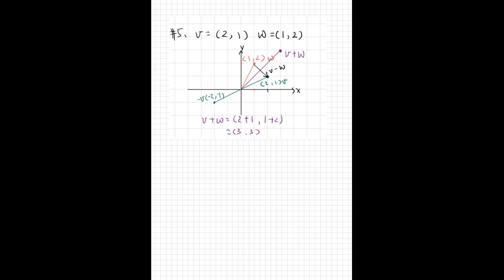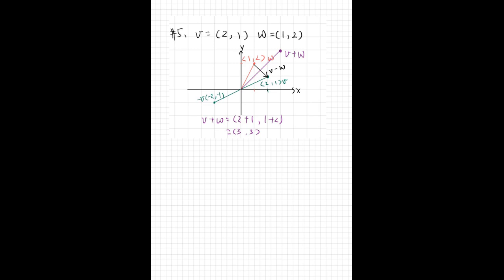It asks to sketch also the addition of the 2 vectors. So the purple one is what I sketched, and I did the addition below it, which is x plus x and y plus y, meaning 2 plus 1 and 1 plus 2, equal to the vector 3 and 3. That's how I did it.